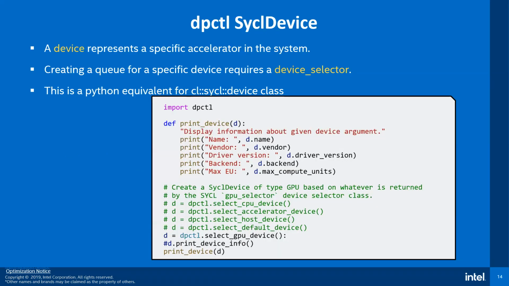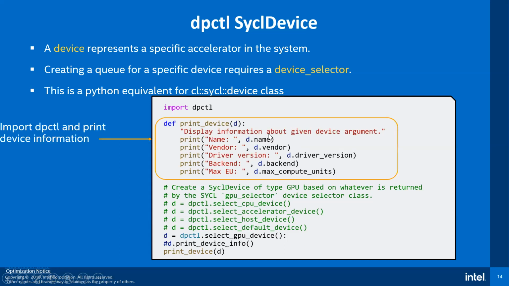So this is the introduction to the device. A device represents a specific accelerator in the system, and it requires a device selector to offload to it. In this example, I'm importing dpctl as the library and printing the device information.